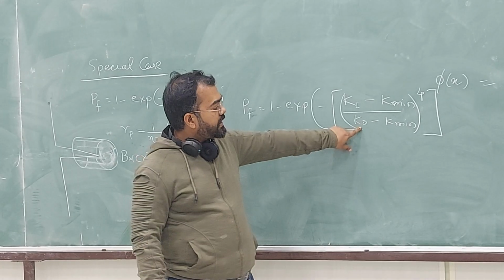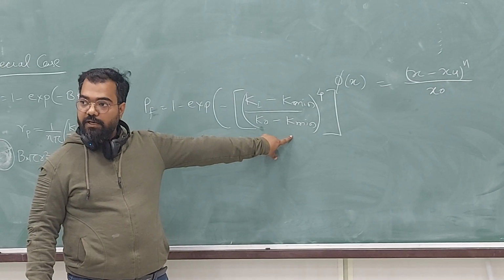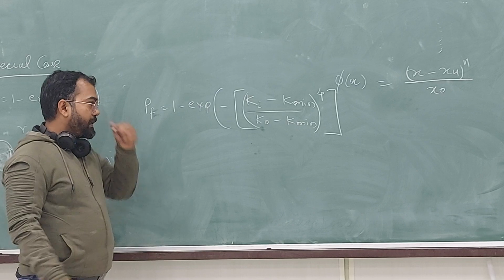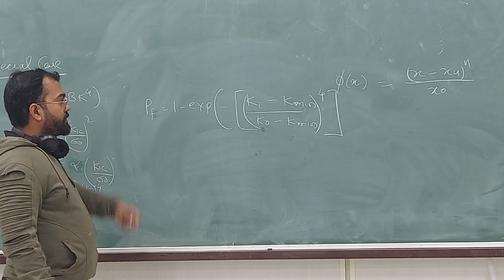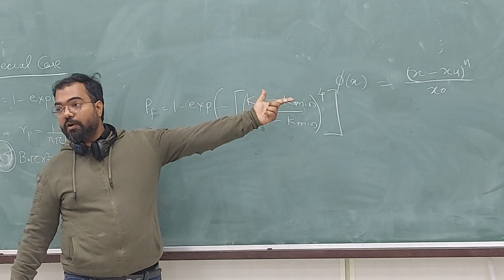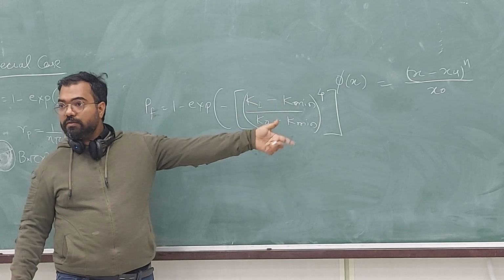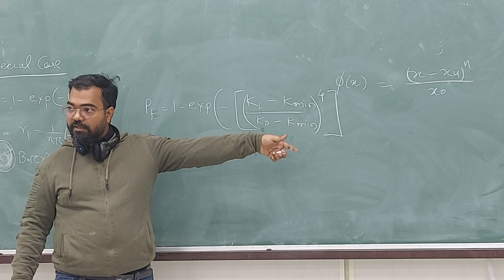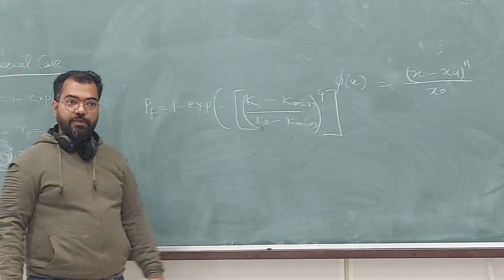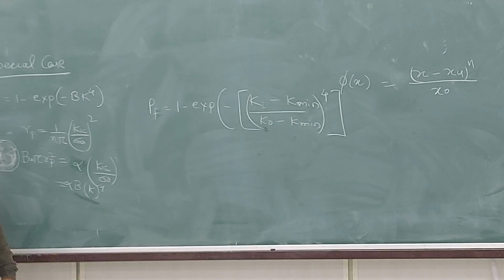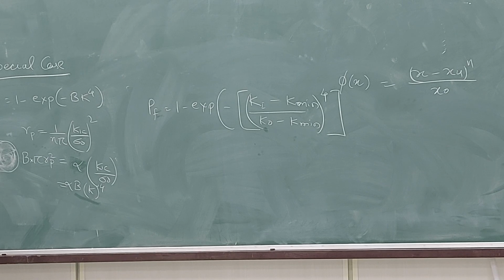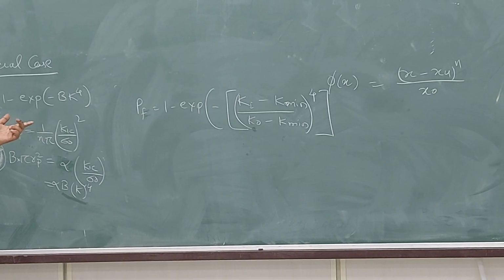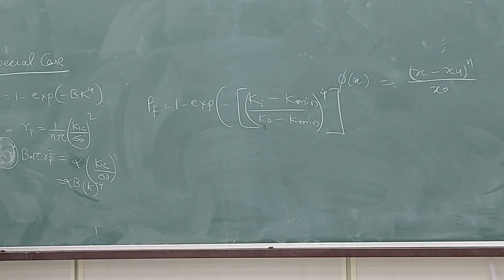And if I introduce K naught minus K minimum in the denominator as well, then it becomes a 3 parameter Weibull distribution. Okay. So this is also a similar format, where x naught is also reduced by the minimum value, so x naught minus x min. Okay. So this would describe the probability of failure for whatever value of K you are getting.